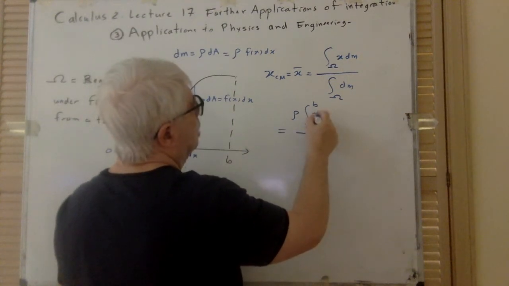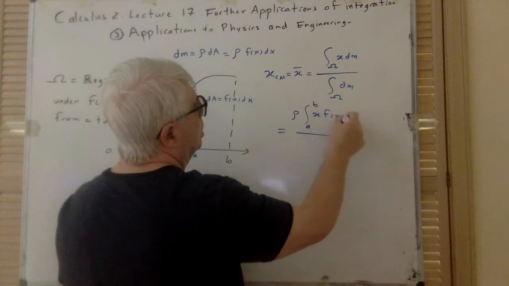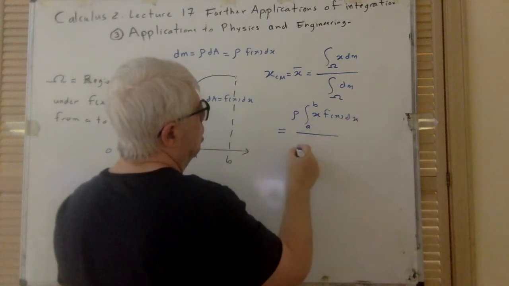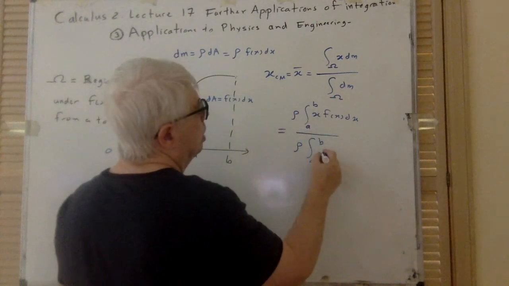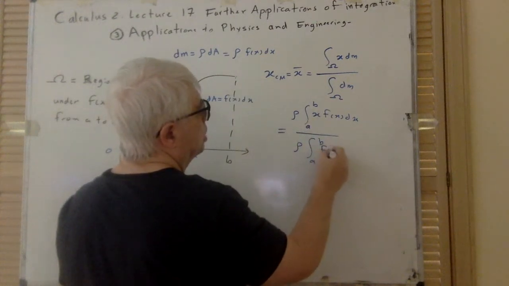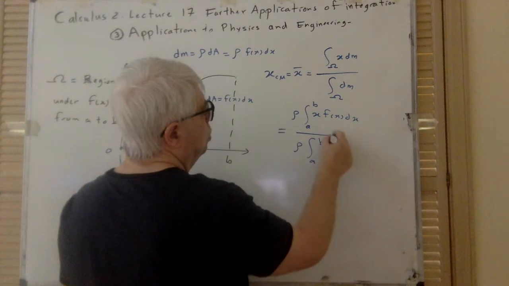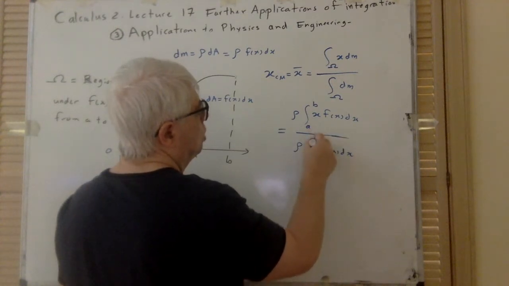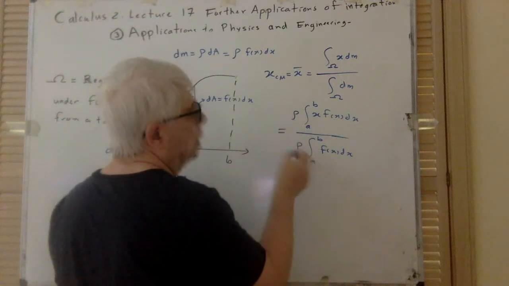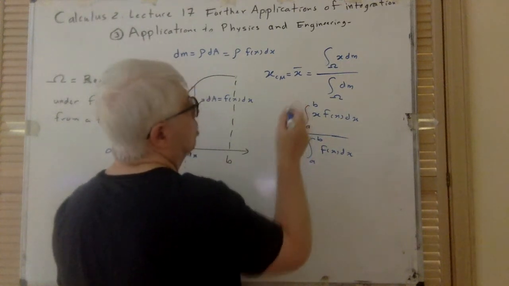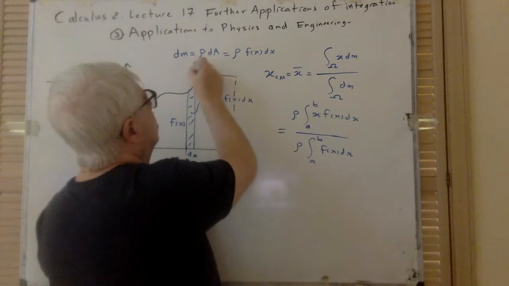So I have x f(x) dx here, and the denominator will be rho times the integral from a to b of f(x) dx, that was just dm. Well, this one, you knew it from before, is in fact area, and this is rho, and then the rho and the rho can cancel out if rho is fixed.